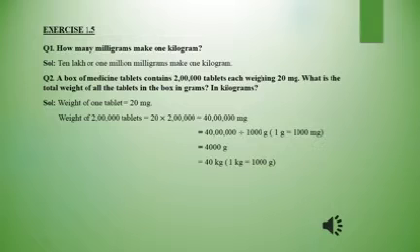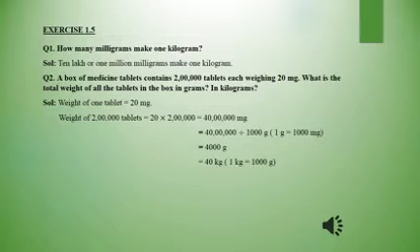The question says that you have to calculate the units in grams and then in kilograms. To convert milligrams into grams, we divide by 1000, since 1 gram is equal to 1000 milligrams. So dividing by 1000, we get 4000 grams. Then the question says we have to convert this weight into kilograms.